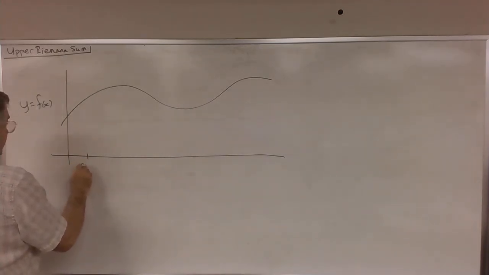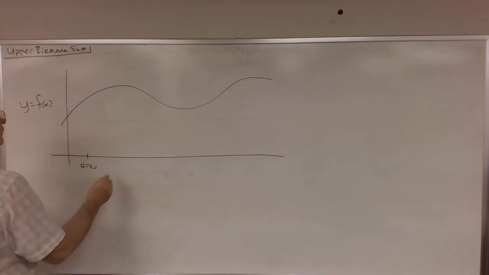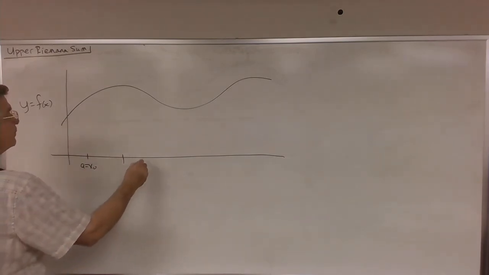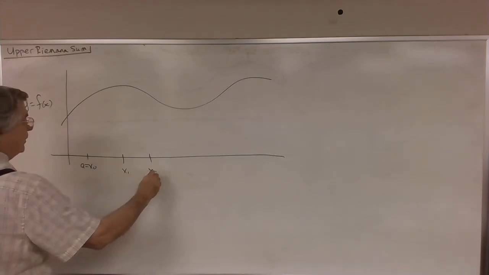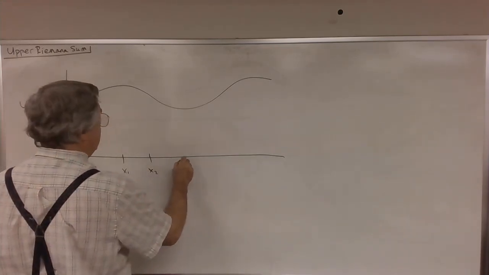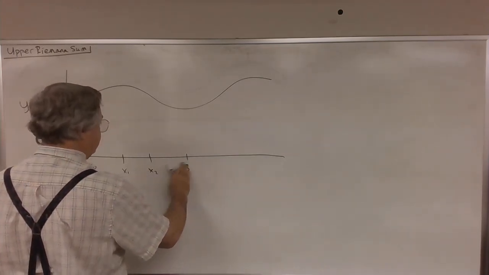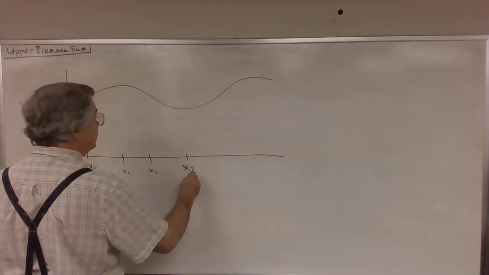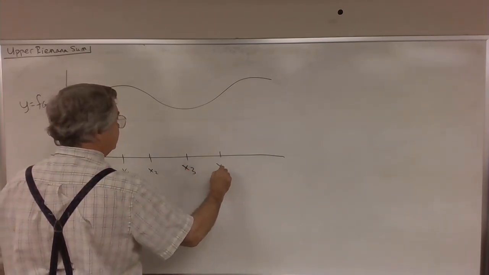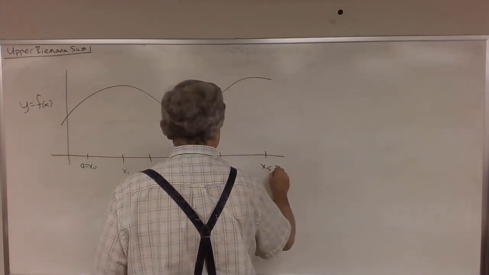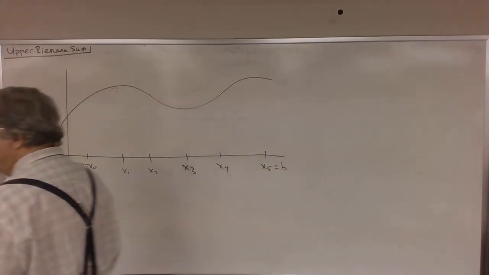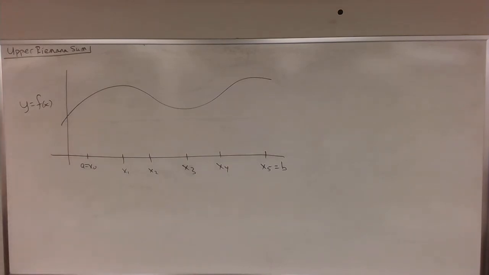So here's a equals x0, and here's x1, x2, and x3, x4, and x5, which equals b. Okay. The same function, the same partition.